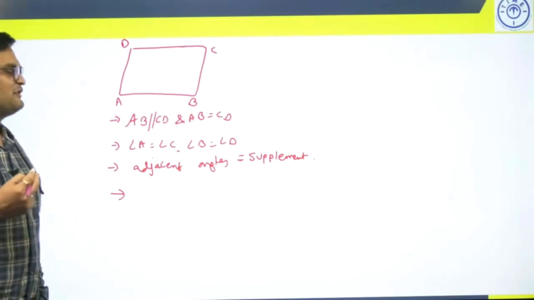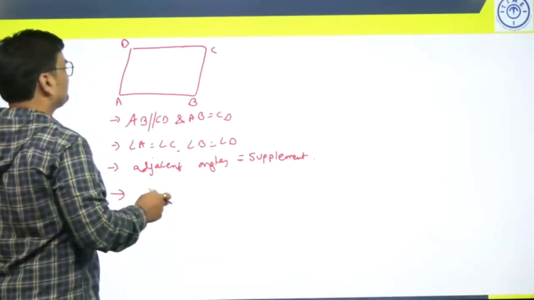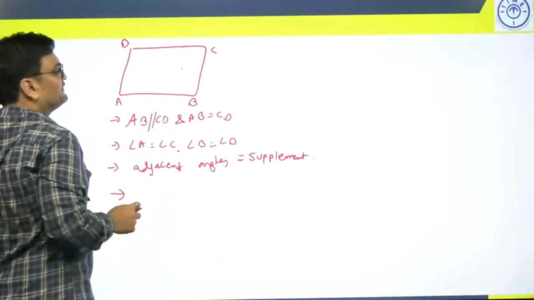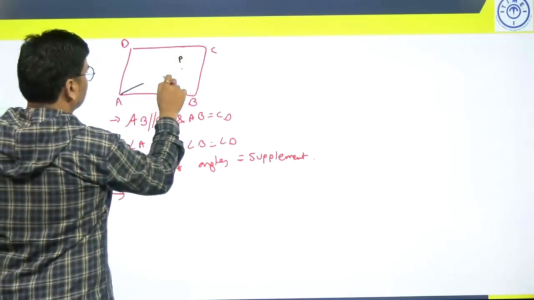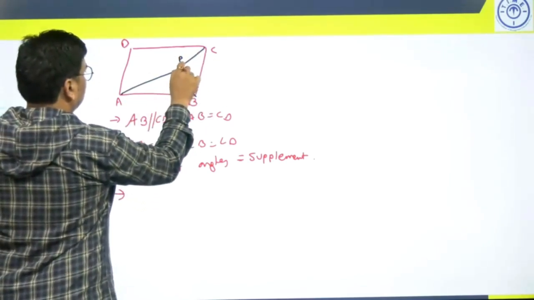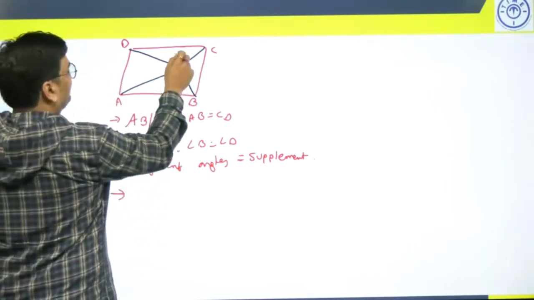Now in case of a parallelogram, if you take any point on the inside and connect this point with the vertices, the sum of the areas of opposite triangles is equal.